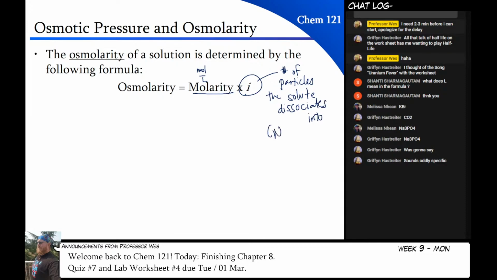So for example, for NaCl, i would be equal to 2. For sodium phosphate, i would be equal to 4, like we determined earlier. And for CO2, i would be equal to 1, and so on and so forth.